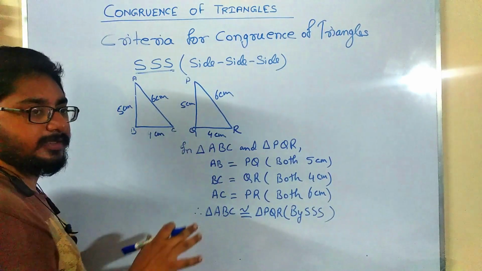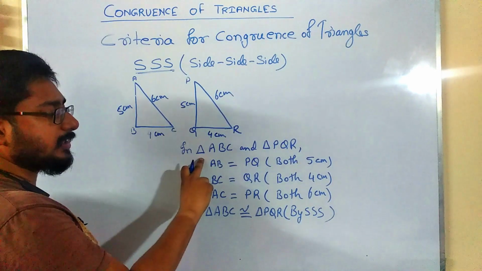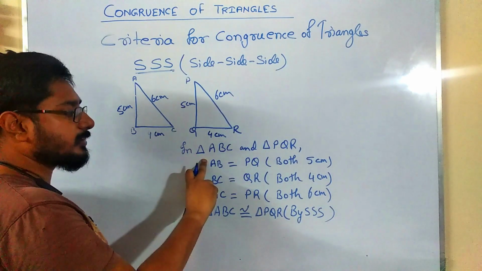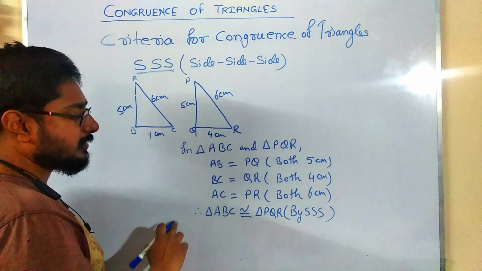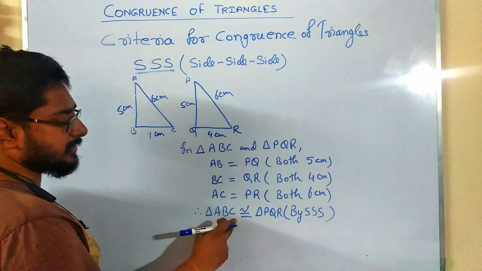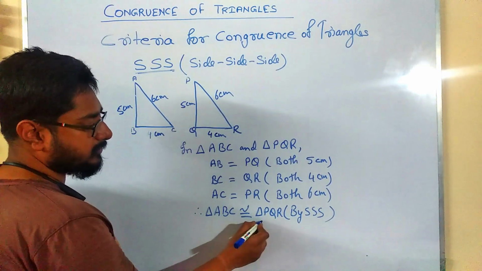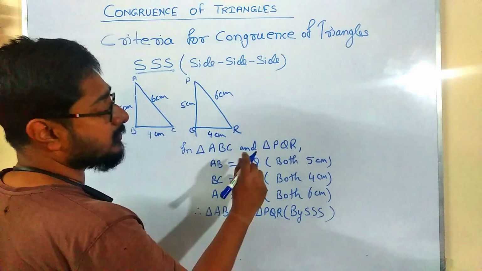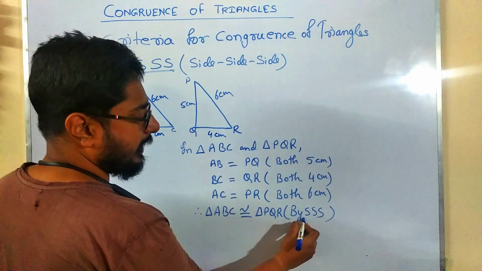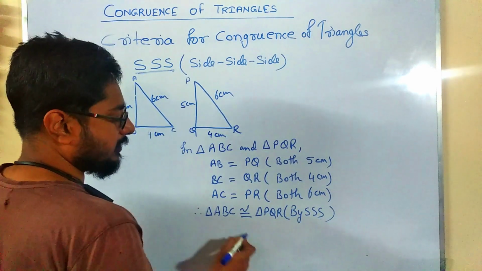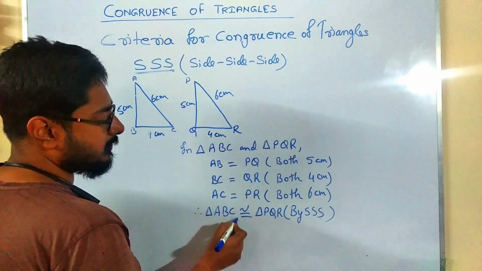For making them congruent, we need at least 3 criteria or 3 points. So we can say triangle ABC is congruent to triangle PQR by which congruency criteria? By SSS congruency criteria. This is the symbol of congruency.